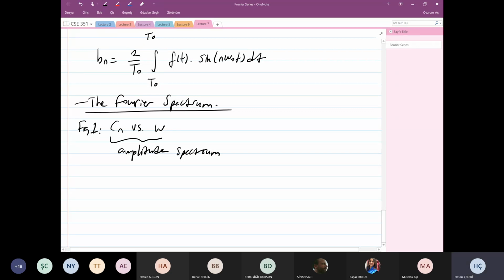That is figure 1. Now we have another figure, figure 2. You draw the phase theta versus the frequency, and this is called the phase spectrum.